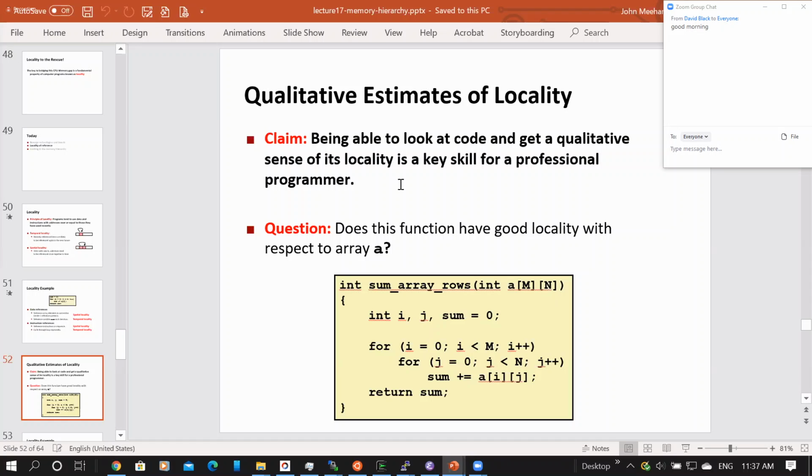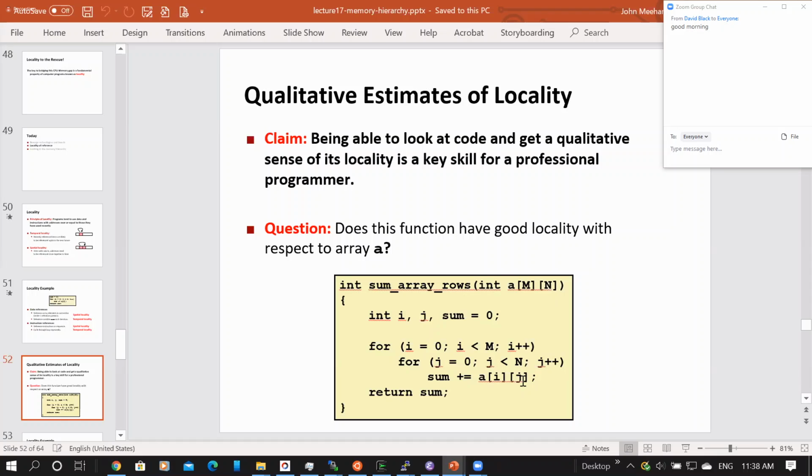So this little loop here, is it exhibiting nice, tight stride one spatial referencing? Well, we know in C and every other language except Fortran that the thing is laid out in row major order in memory. And we're accessing the thing varying the rightmost subscript fastest.